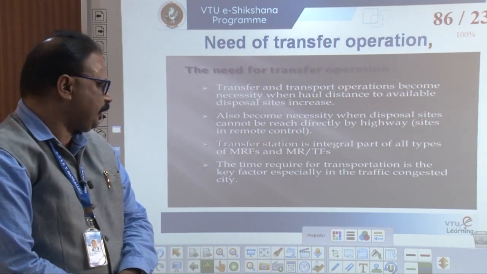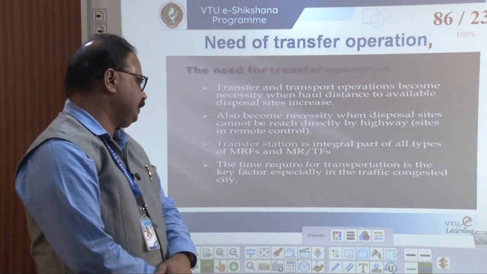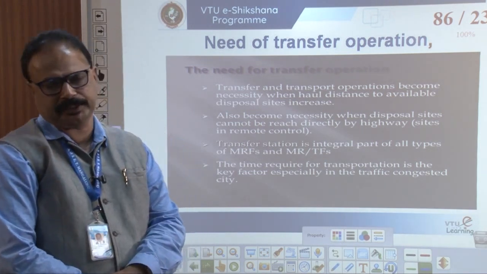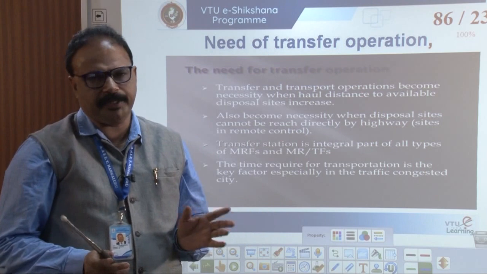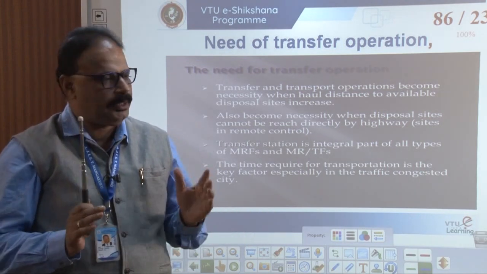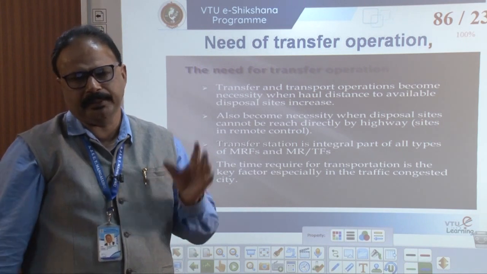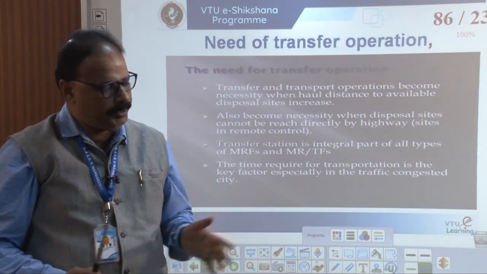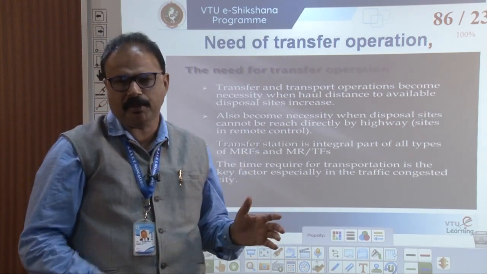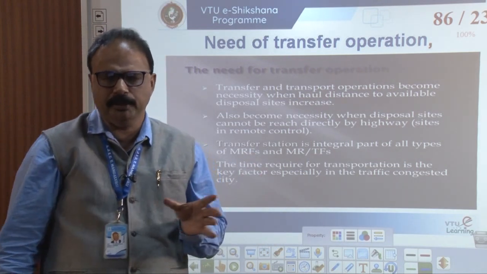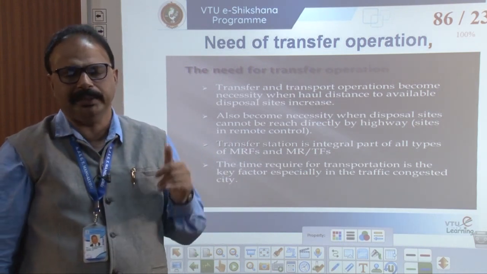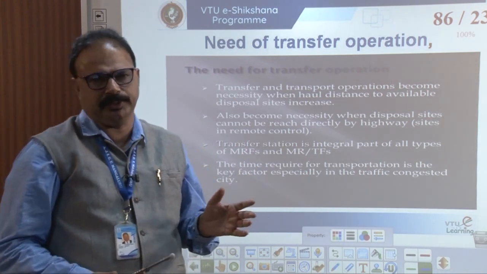Time requirement for transportation is a key factor, especially in traffic congested areas. Why do we need a transfer station? If there is heavy traffic on the highway or on the transportation route, it is very difficult to move in the morning time or at that time. That time we need a transfer station.